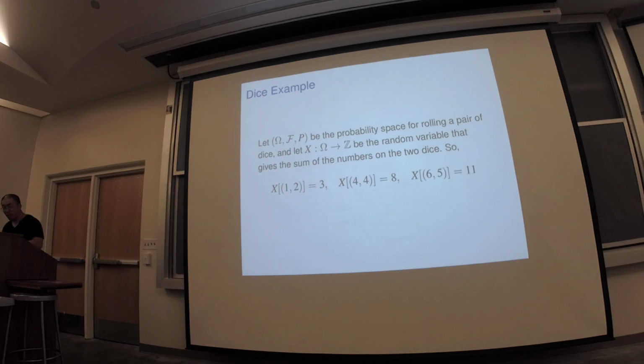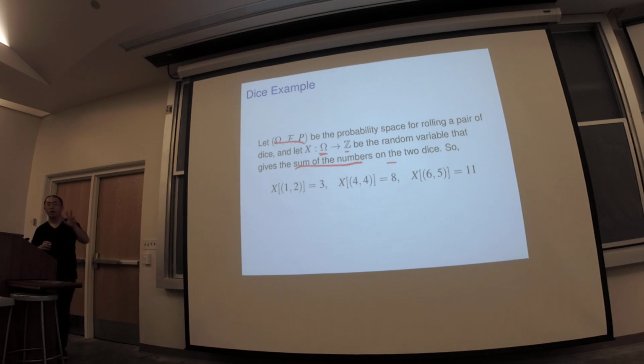So here is a nice example, to go with the definition. Let's give an example of a random variable. This is our probability space, and we can define our random variable as a mapping from the sample space to integer values. Our random experiment is to roll the dice, and our random variable is defined as the summation of the numbers of two dice.